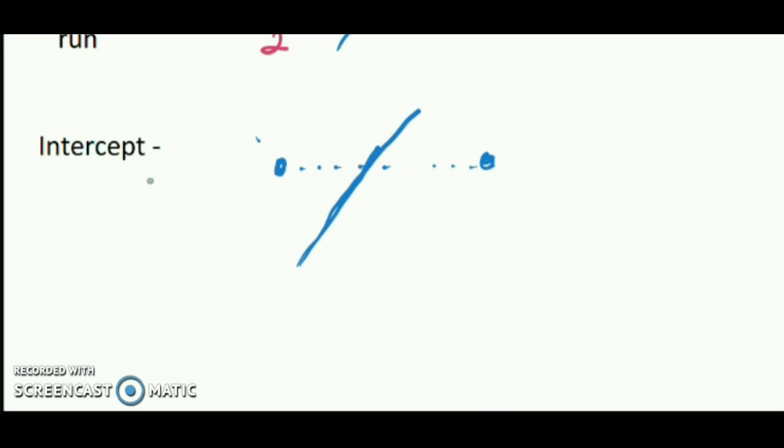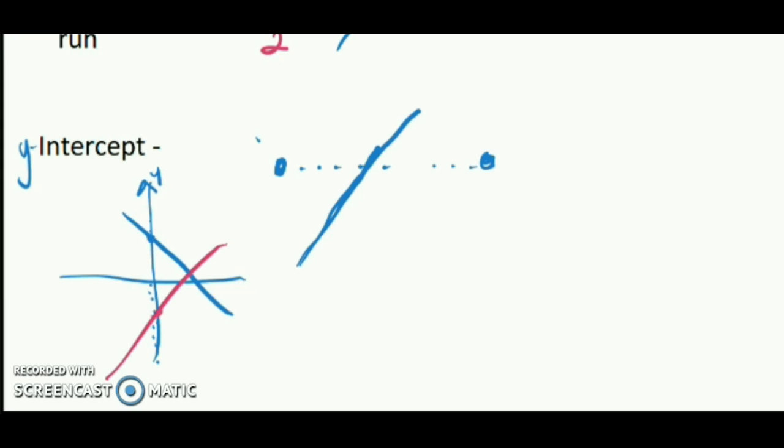So in x and y axes, a coordinate plane, we're looking at the y-intercept. Here's the y-axis, and we're looking at where the line cuts along this axis. So does it cut there? Does it cut there? Etc. Okay, it can cut through anywhere.